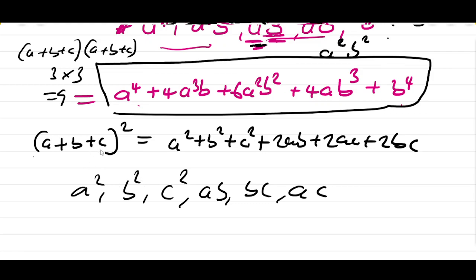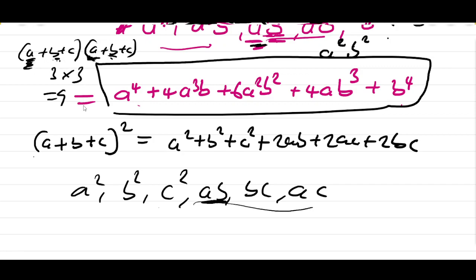Now, what we have next is that some of these terms might be repeated. These guys are not repeated, obviously, because to form a squared, we'll take 1 a here and 1 a here. So maybe ab is repeated, because we can take ab here, or we'll take the ab here. No, sorry, we cannot take from one bracket. So we can take a and b here, or we can take b and a here.